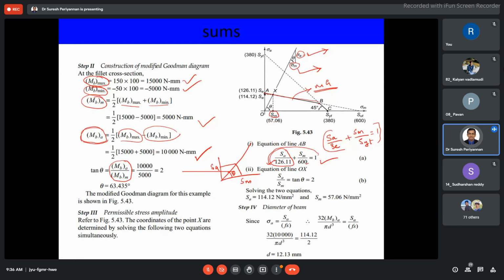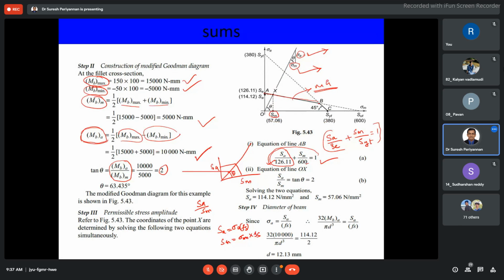Now another equation: tan theta, we have found it based on bending moment. That is the same, SA divided by SM. Now you may ask, sir, sigma A by sigma M. SA is nothing but sigma A into Fs, right? SM is nothing but sigma M into Fs.